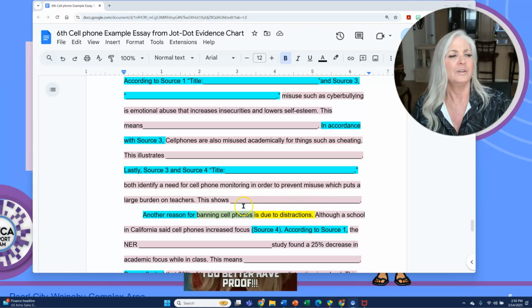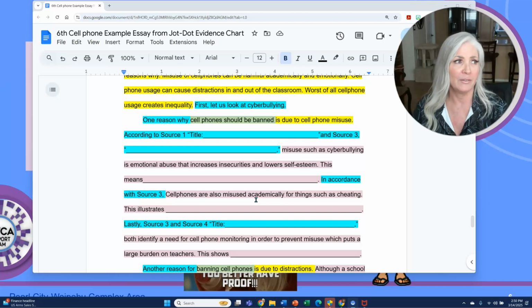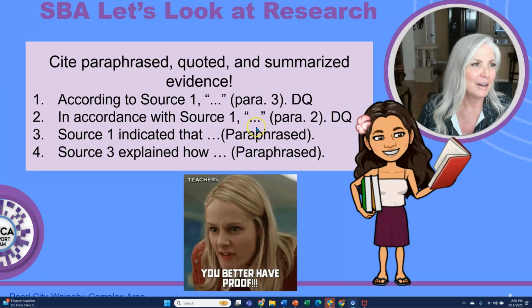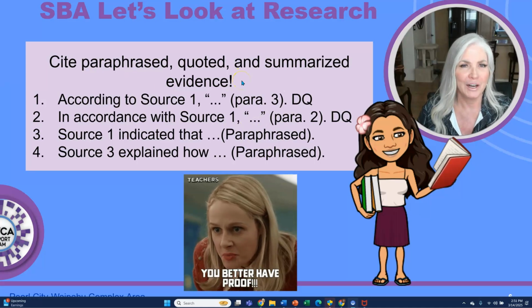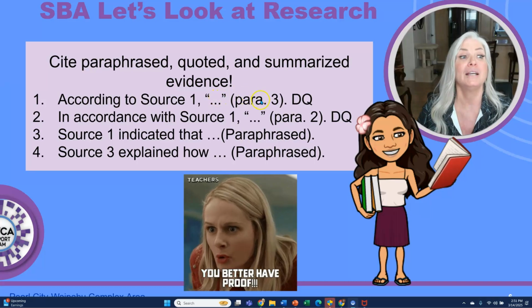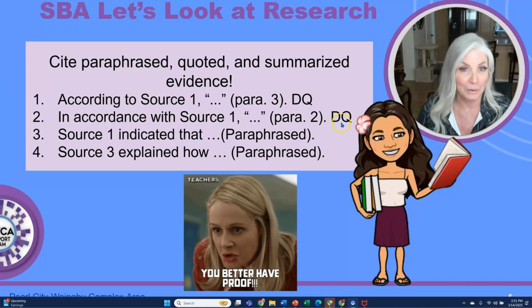However you phrase this, the point that I'm trying to make here is when you write it with just pieces of evidence, it's not enough. We must explain each piece of evidence. So when we're looking at all of our research and we find our pieces of evidence, we put in our piece of evidence and then we explain our piece of evidence.